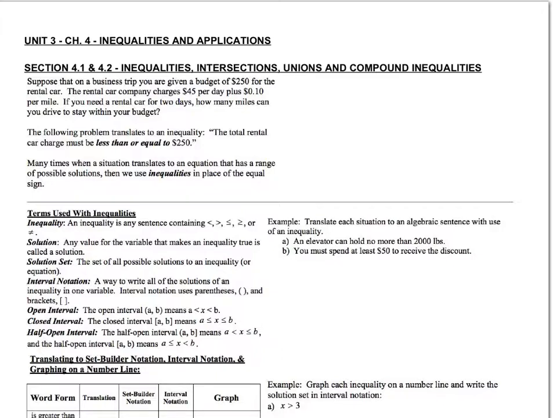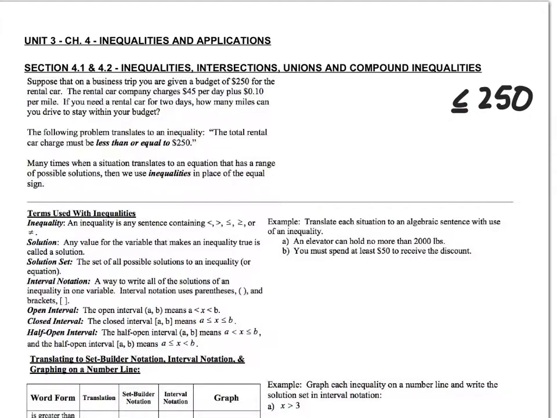Let's think about what that's going to look like. We have something that is less than or equal to $250. Sometimes we have this thing called a range of possible solutions, which we're going to talk about today. Then we use what's called an inequality, a symbol of inequality. We'll talk about it down here, but let's set up this inequality.